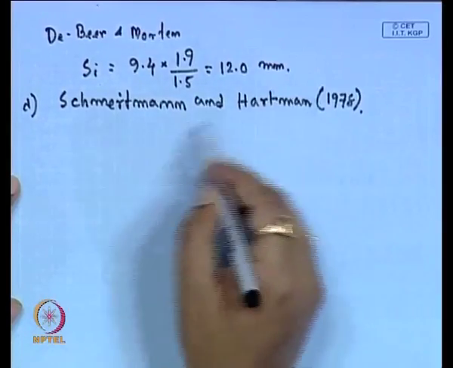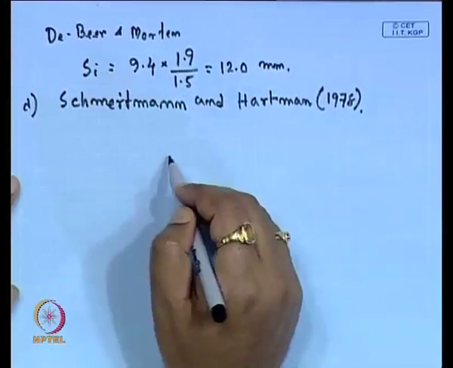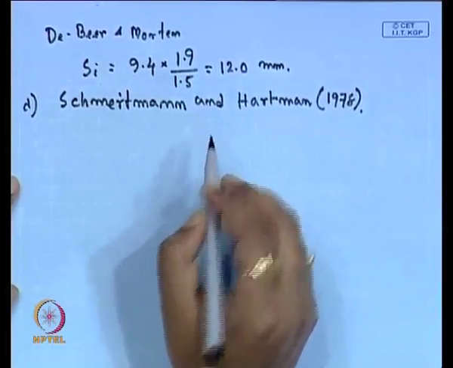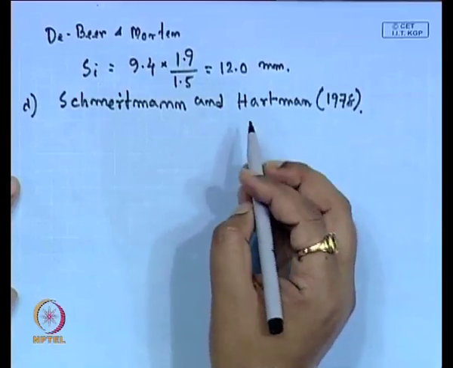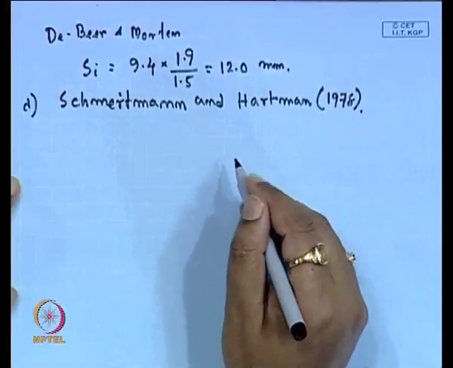Now, I have already explained how to use this method and calculate the settlement for the plane strain condition. Here it is the axisymmetric condition, and the only difference is that when you calculate the influence factor I z, this point will start from 1, then the maximum value is 0.5 at b by 2, then it will go to 0 at 2b.